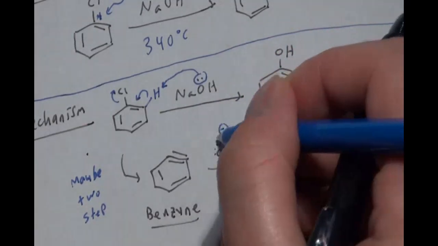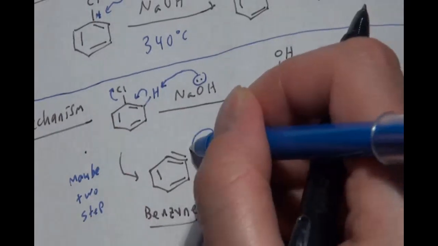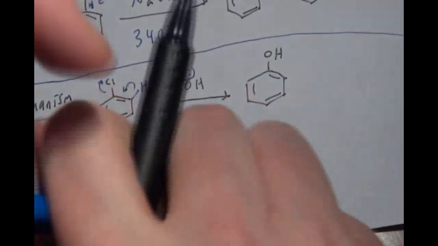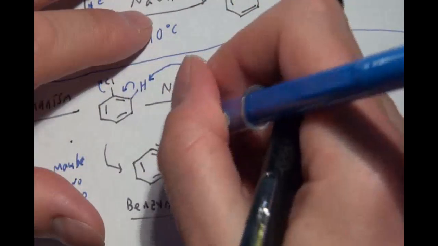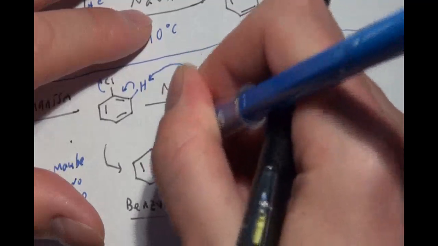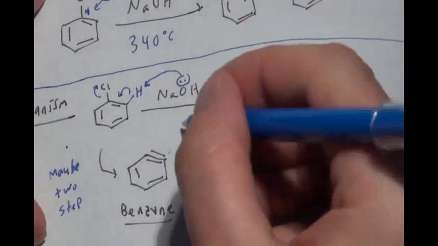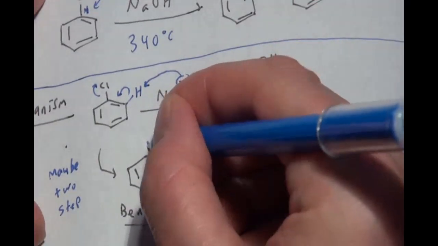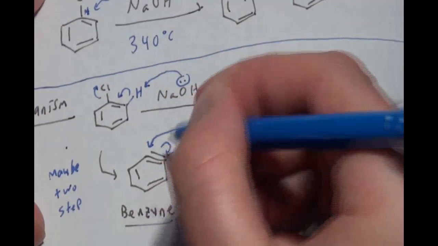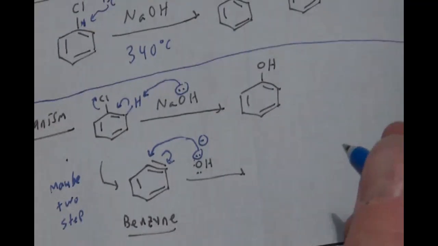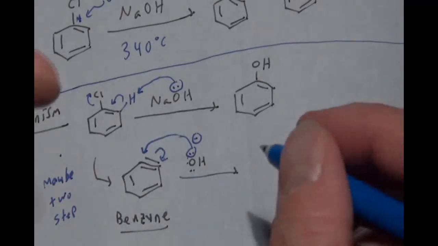Okay, and then now hydroxide, rather than be a base, we're going to have it be a nucleophile. So the first step, the hydroxide was a base. Now the second step, the hydroxide is going to be a nucleophile. And it kind of attacks and pushes a negative charge onto the neighboring carbon.